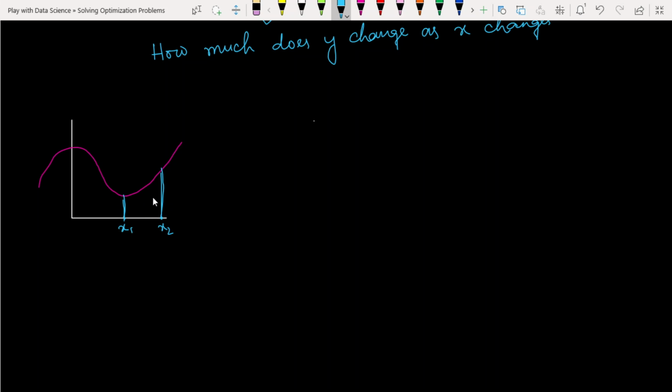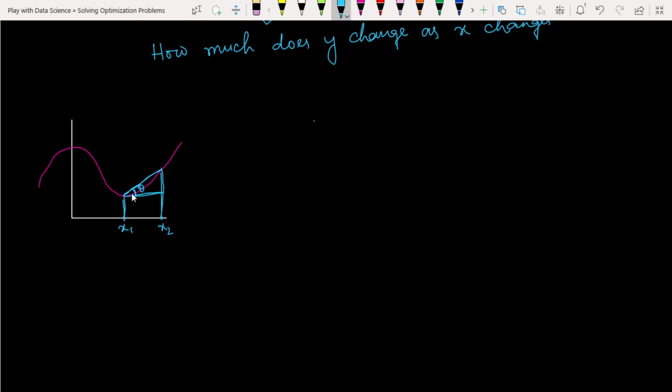So simply our tan theta will be what? This is the tan theta.